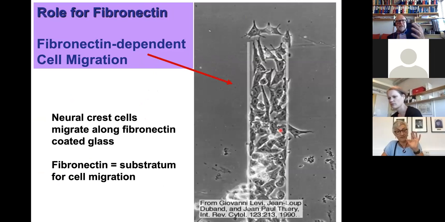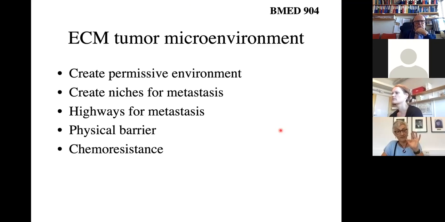And fibronectin is then used in in vitro studies of cell migration. Since cells have multiple integrin receptors for fibronectin, they usually like fibronectin. And if you put a stripe of fibronectin on a glass, cells will migrate on this stripe.